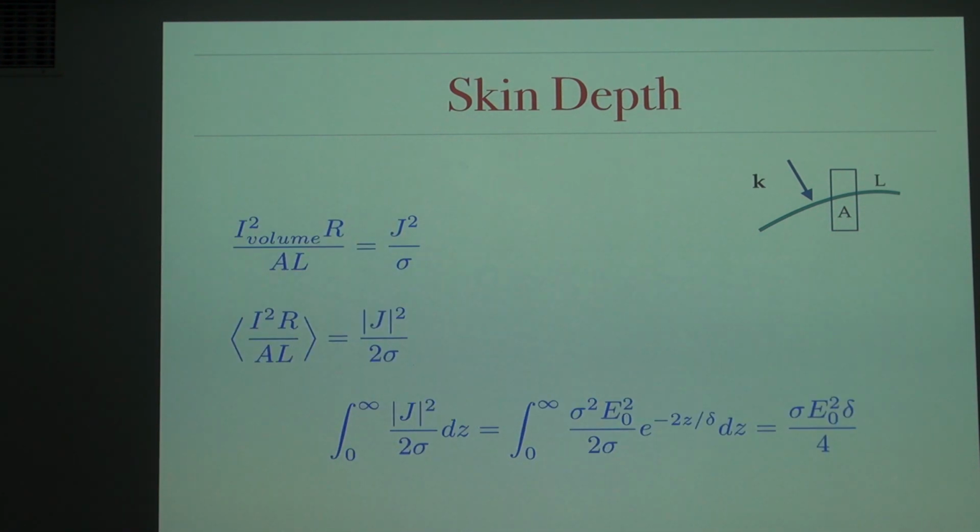Okay, so there is another simple calculation of how much energy is in the little skin, and that is a very simple calculation. If I have a surface and I draw the volume which has a surface A and the length L, then I can calculate the total energy dissipation in that volume, and it is proportional to the square of the electric current and inversely proportional to the sigma.